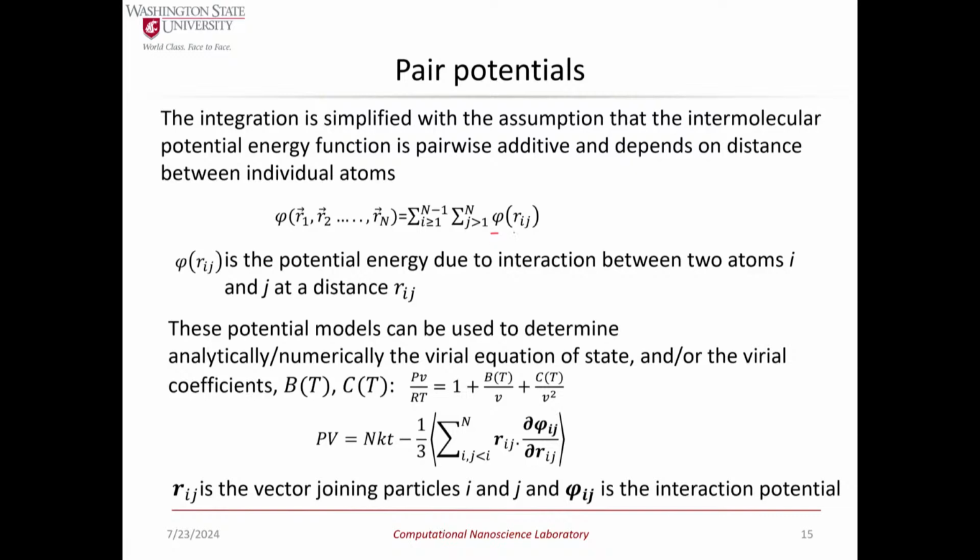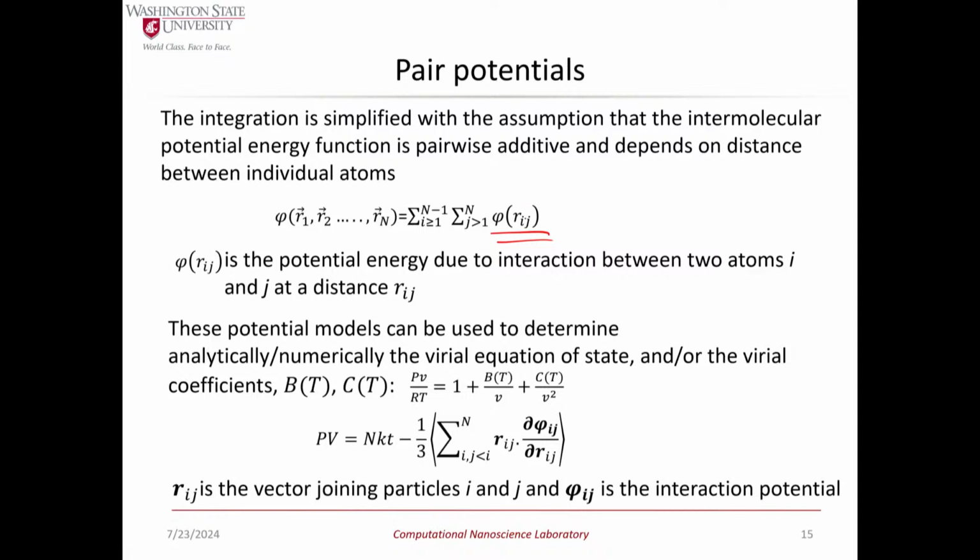That's what we typically apply in most simulation methods. So we assume that the only interaction happening is pairwise, meaning we sum up the configurational potential energy of a certain atom interacting with the rest of the atoms in the system as a sum of the pair energies with respect to each atom in the system.